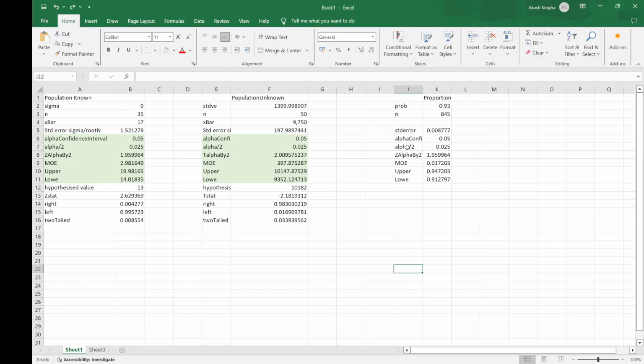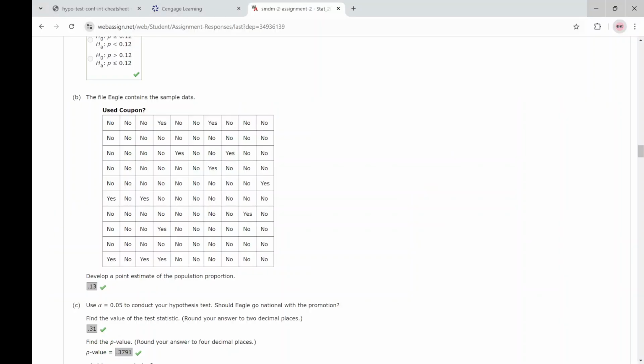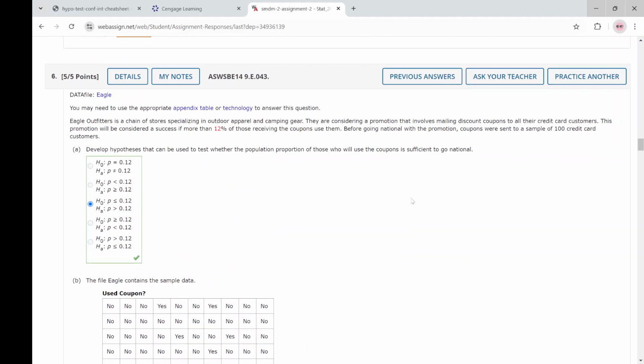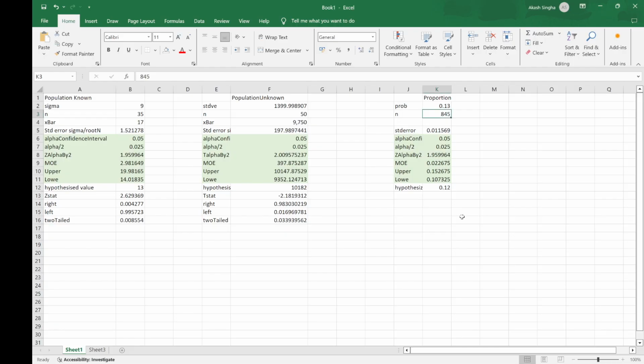So here we'll have a hypothesized value 0.12. Probability actual sample is 0.13. N is 100.